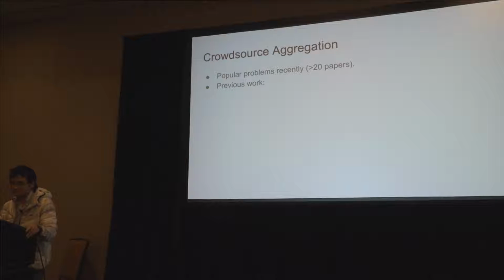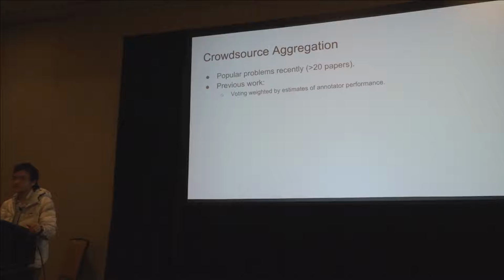In most of this previous work, the idea is the following, and this is a very simple idea. They improve on majority voting by weighting by estimates of the annotator performance.